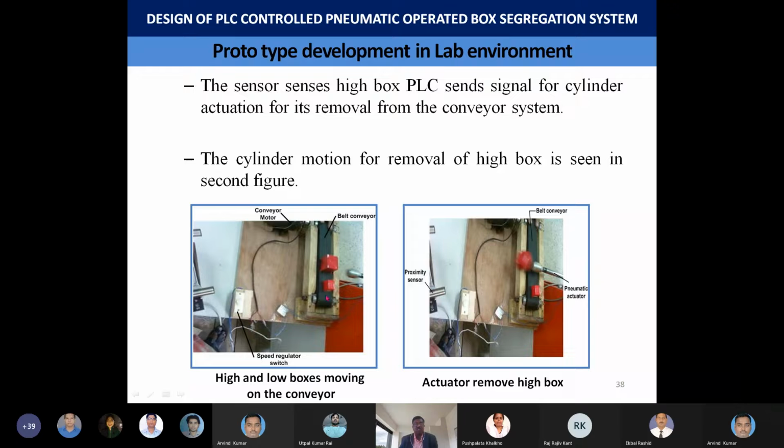Once the high box is sensed, the conveyor motor stops, and this pneumatic cylinder is extended due to the actuation of the pneumatic solenoid valve, and this extension pushes the high box off the conveyor system. This is the way the actuator removes the high boxes, while the low and high boxes keep coming on the conveyor. This physical model was also generated in the systems.